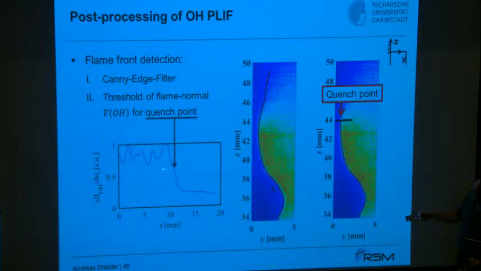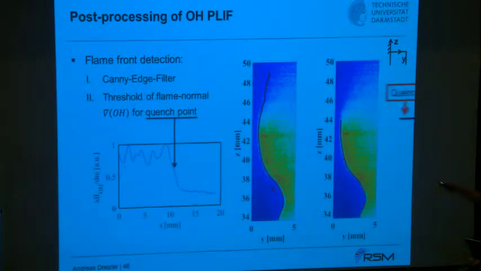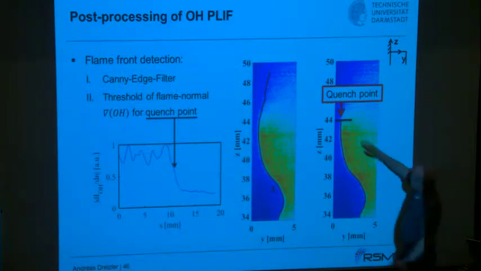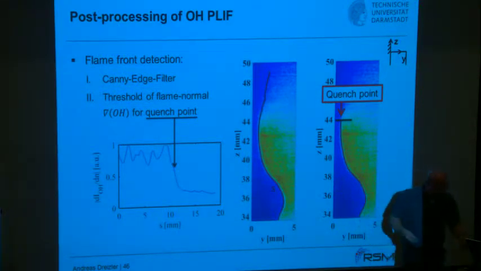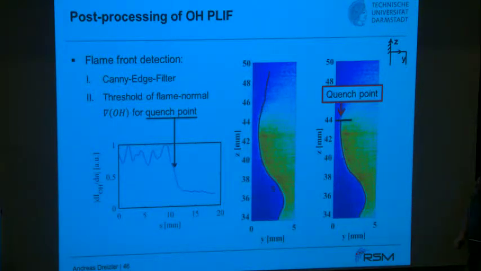And the point where it has reached 50% after normalization, we simply defined as quenching. Here you see where we cut that off, and there we say this is a quenching point. It seems to be reasonable. Of course, you can discuss that. If you do it differently, maybe you have a different location, but we do that consistently for all the measurements.